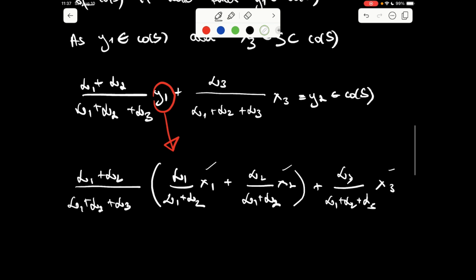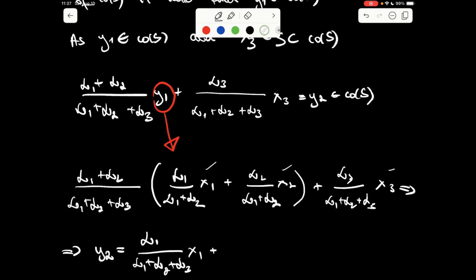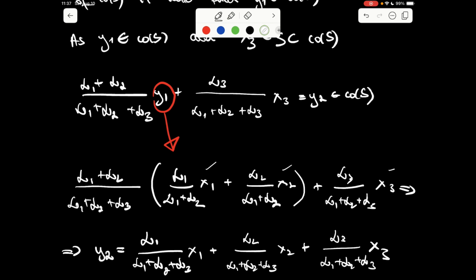So from this, it follows that y2 is a convex combination of x1, x2 and x3.